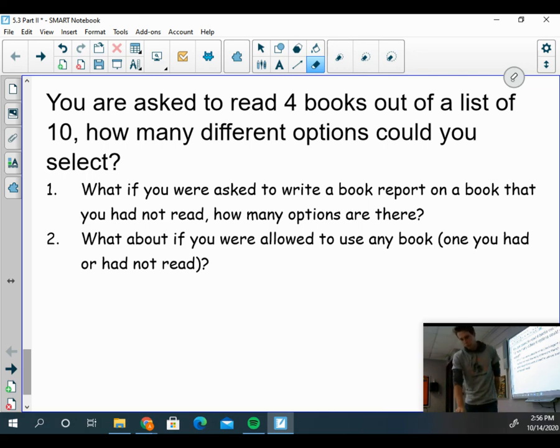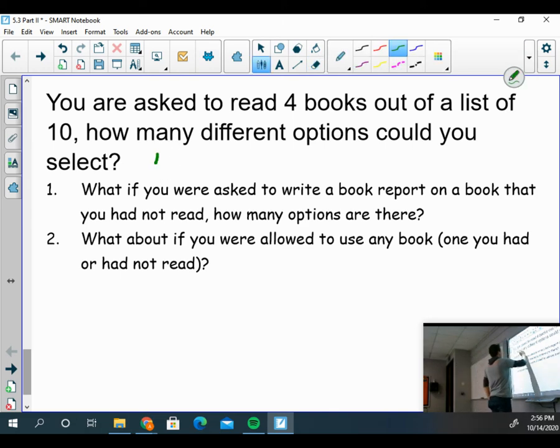Well, let's think it through here. I know the first question that pops into our mind is, does order matter? I'm asked to read 4 books out of a list of 10. There's no indication that my teacher prefers me reading certain books over the others. So here, to answer this question, I would use combinations.